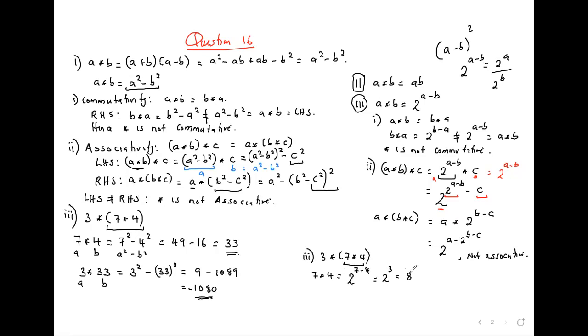Then now we go back. This question is now the same as 3 star 8. So now what is 3 star 8? 3 star 8 is 2 to the power 3 minus 8, which is 2 to the power negative 5, which is 1 over 32, as your final solution.